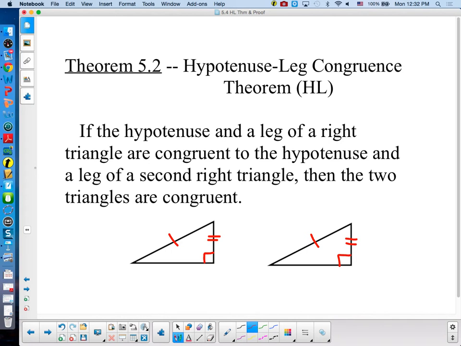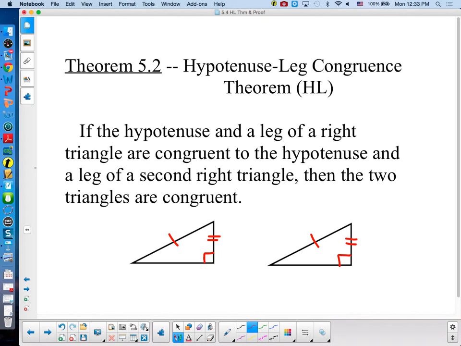And notice, if you think of that in terms of A's and S's, what is it? Side-side-angle or angle-side-side, which we were talking about before lunch. The only time that angle-side-side would make just one triangle is if that angle were a right angle, because there's only one place that the hypotenuse is going to fit.